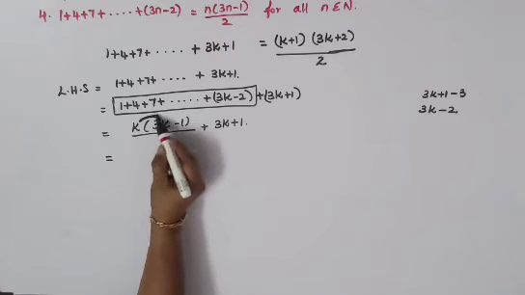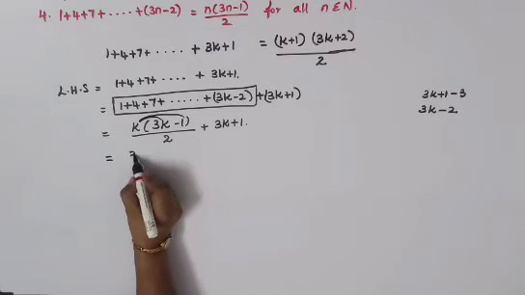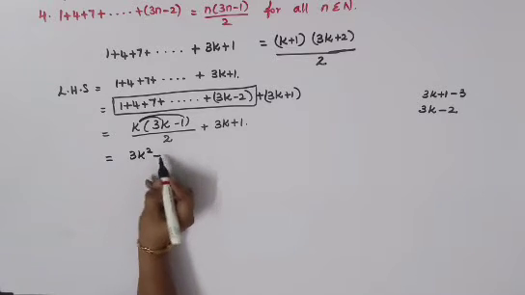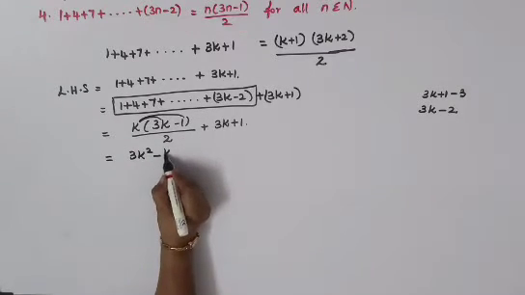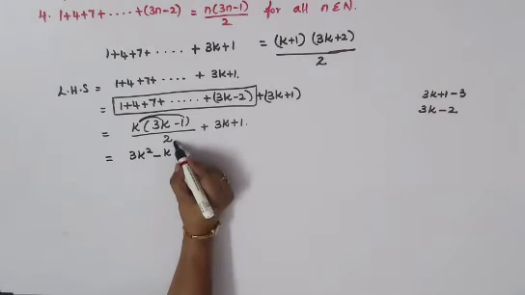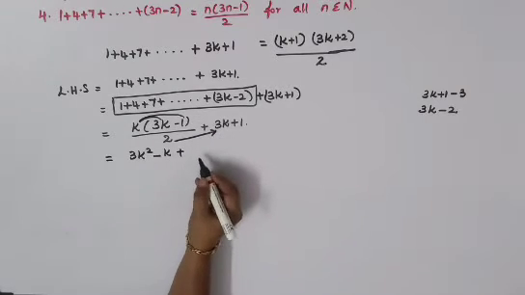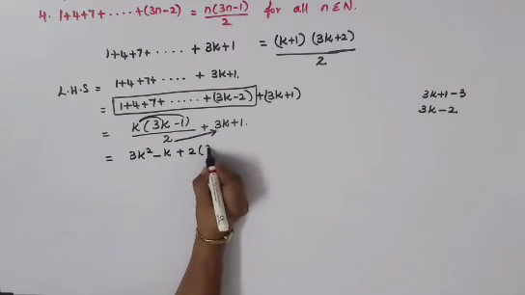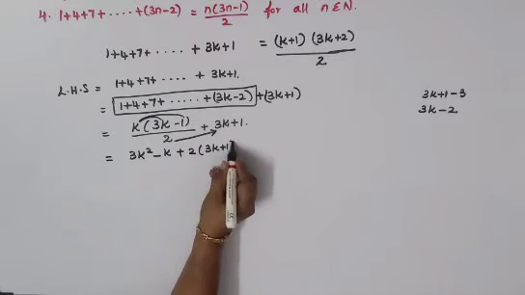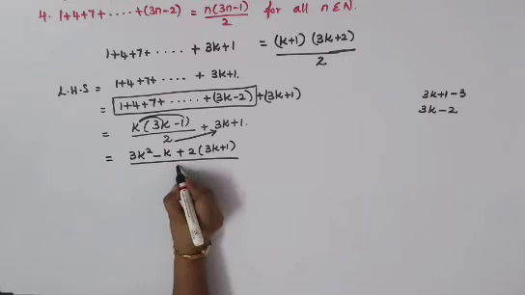Okay, so for this first term and to your second term, you will get 3k square minus k into 1 is k plus, take this 2 here with the cross multiplication. So 2 into 3k plus 1 whole thing divided by 2 we will get.